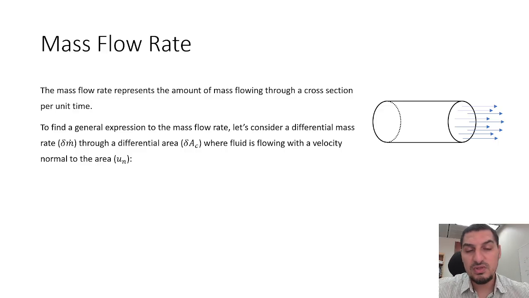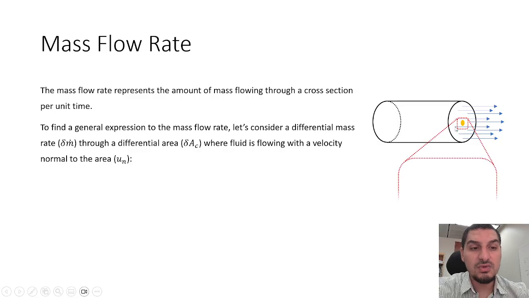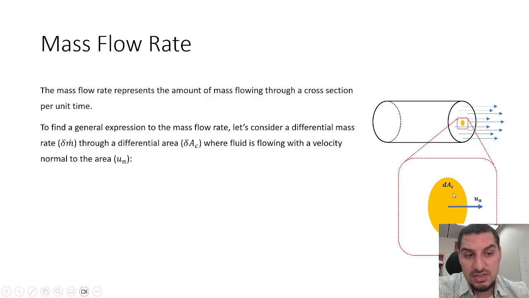So now, having this pipe with this cross-sectional area, we will do the same thing we discussed before in some detail, that the velocities will vary from one point to another. So we will take a small part of the cross-sectional area and call it dAc, the differential cross-sectional area, and there is the velocity un, the normal velocity to this cross-sectional area. In this very, very small cross-sectional area, the velocity is uniform.